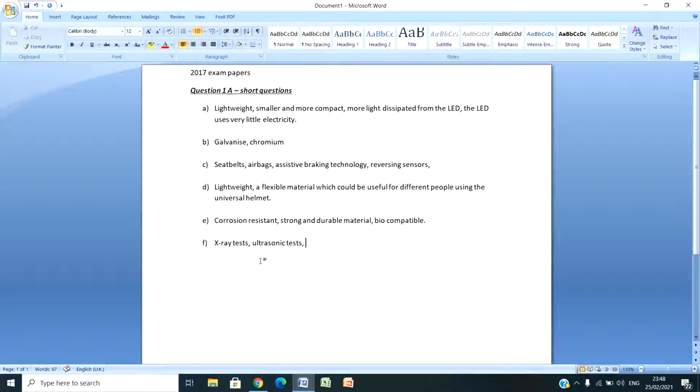You might also want to check the dimensions and suitability of the manufacture of the parts that you're making.